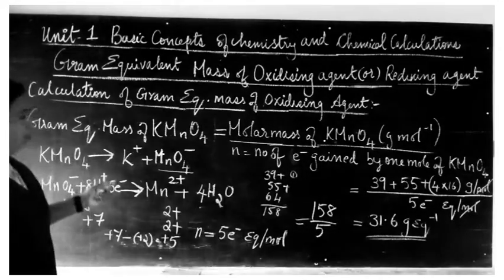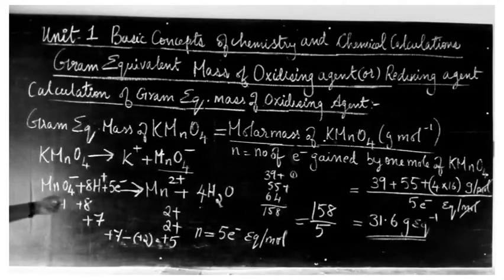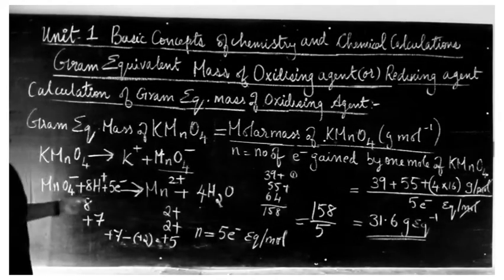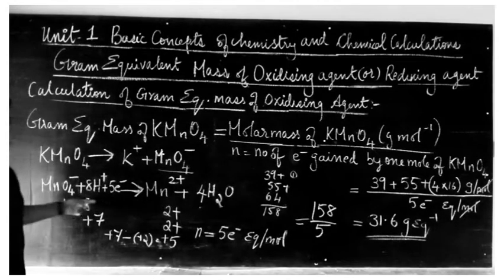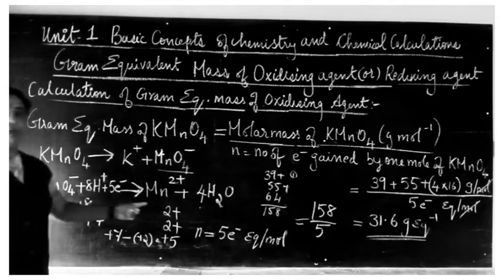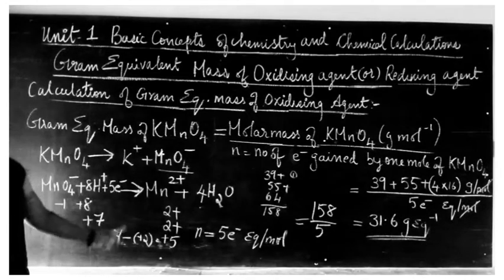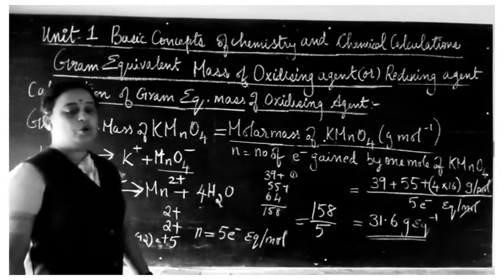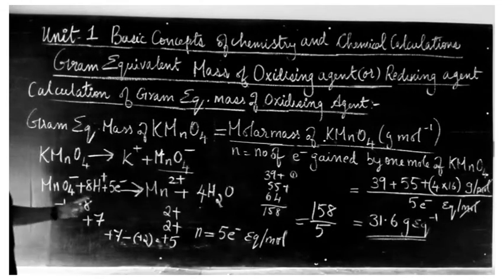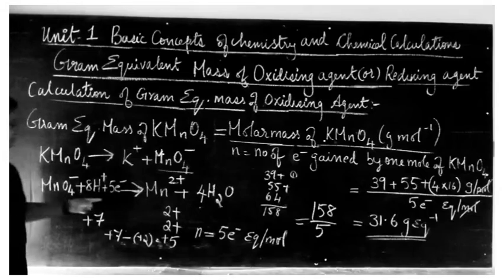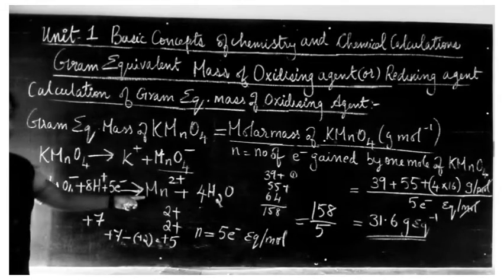Only a little concentration is required in this equation, how MnO4 minus is getting reduced. This balancing is very important. If you understand this, the remaining concepts will be easy. So care should be taken while doing this balancing reaction.